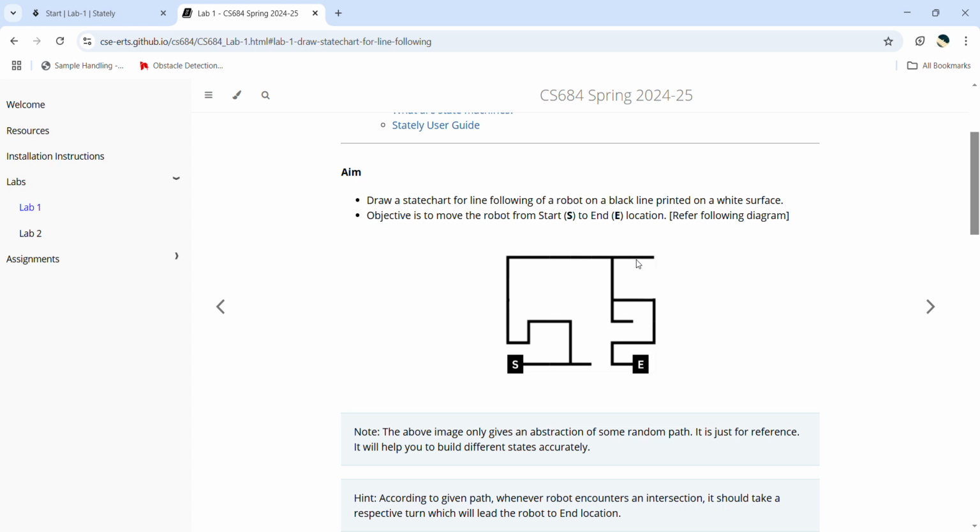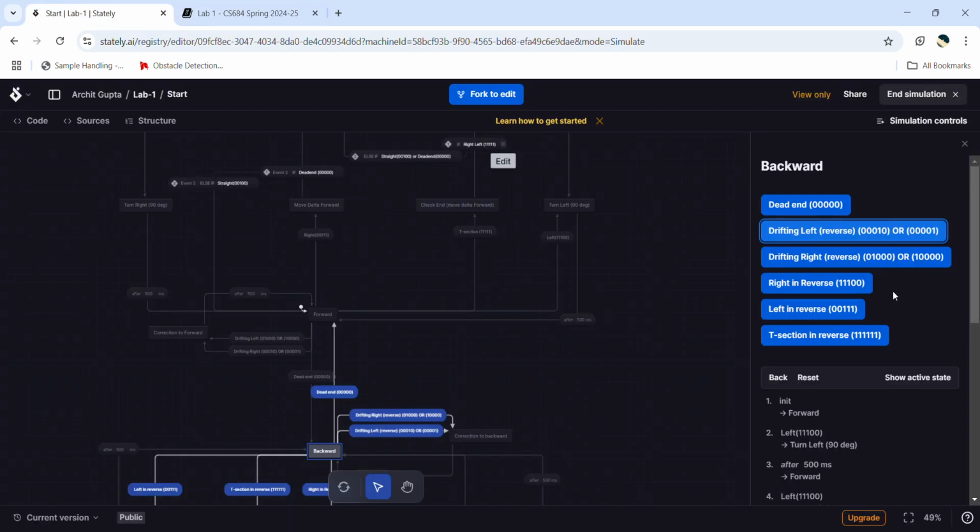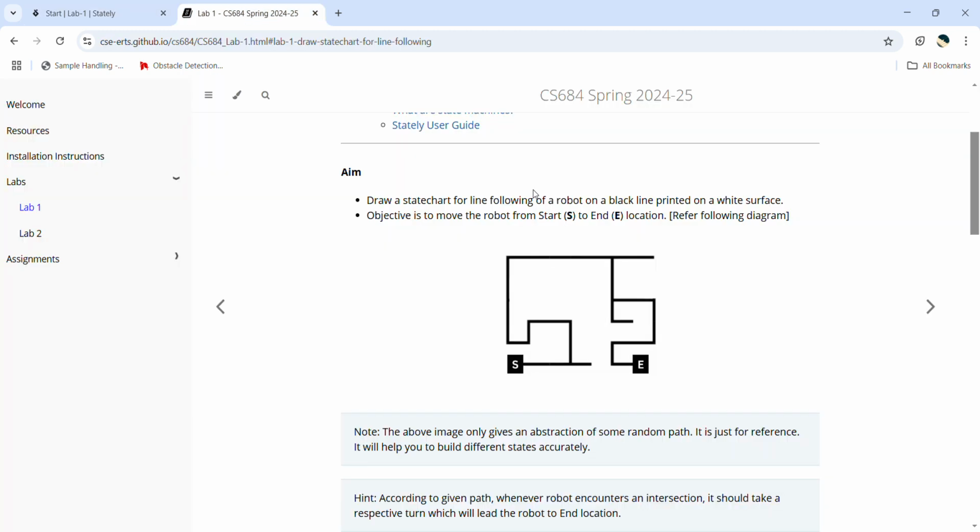We see that once it comes backward, we arrive at a left section. So we take left in reverse mode. So we took the left action here.